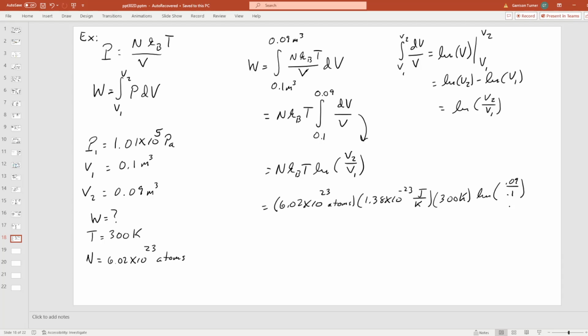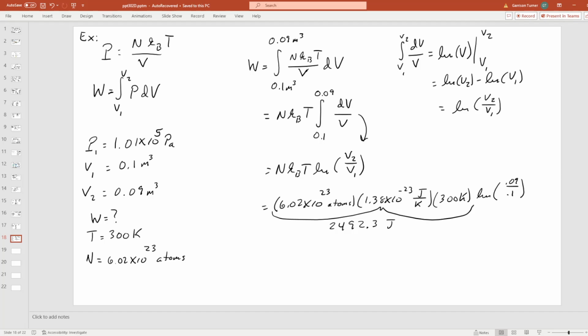Okay, so this calculation, just the coefficients of NkBT, give us 2492, essentially 0.3 joules.